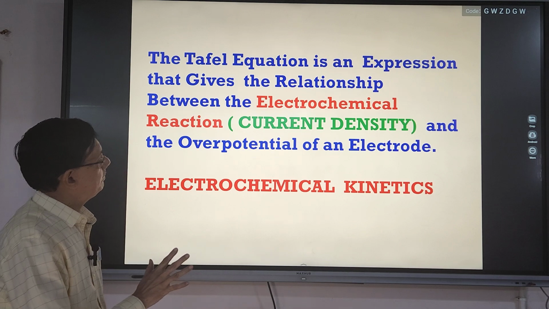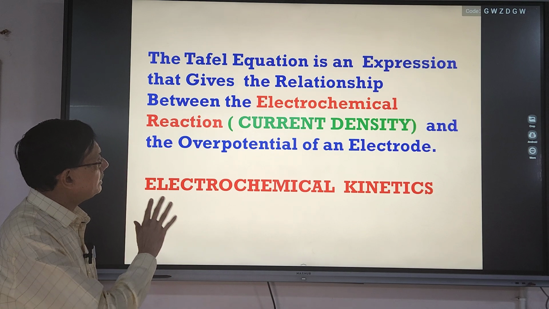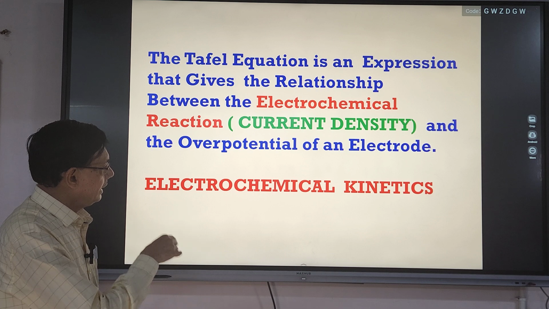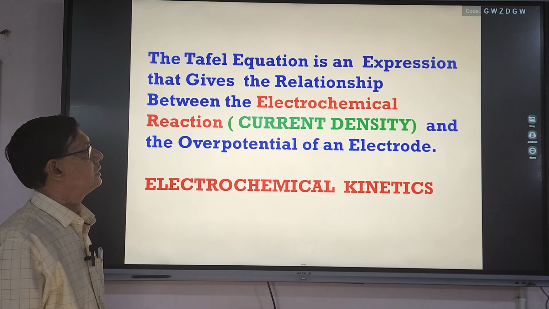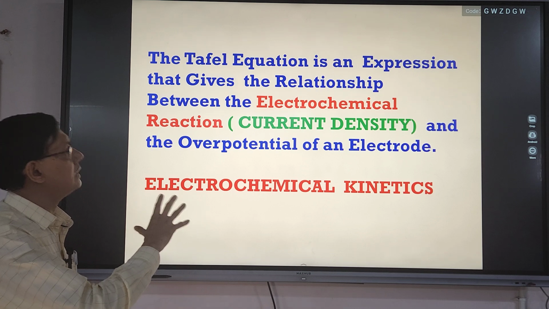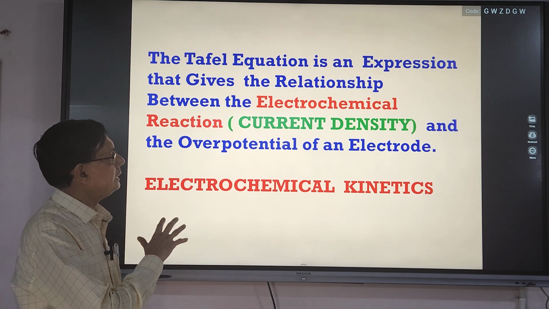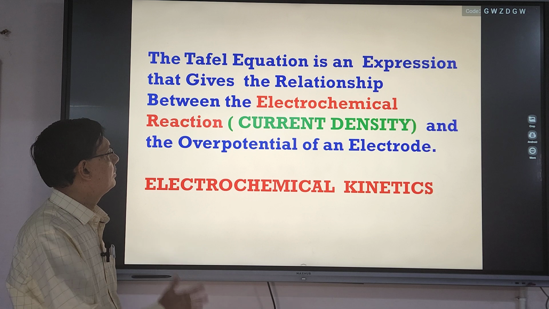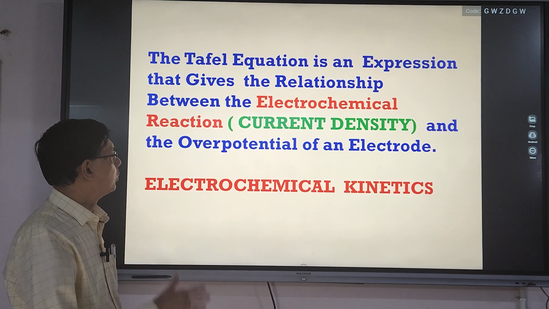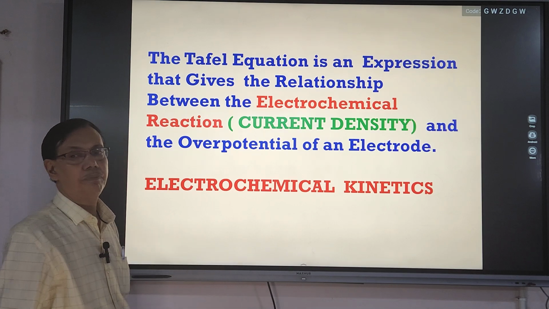So that is actually one type of expression. It is a mathematical relationship between the current density and overpotential of an electrode.